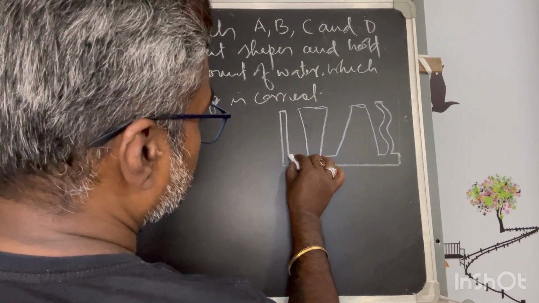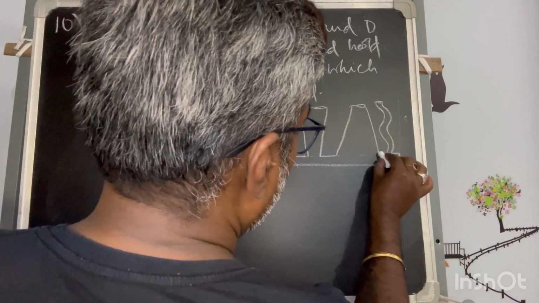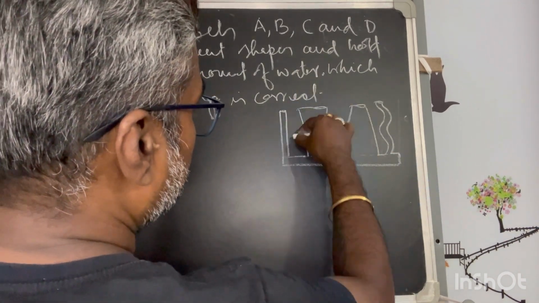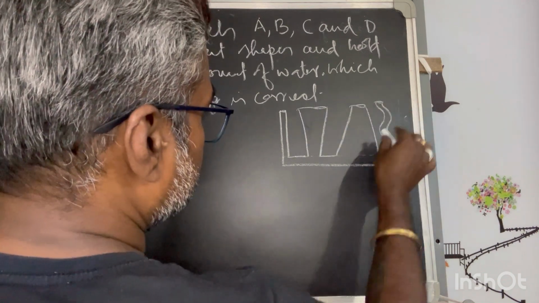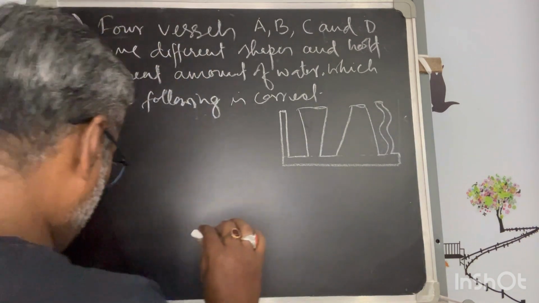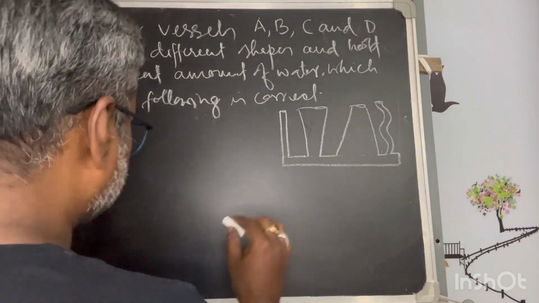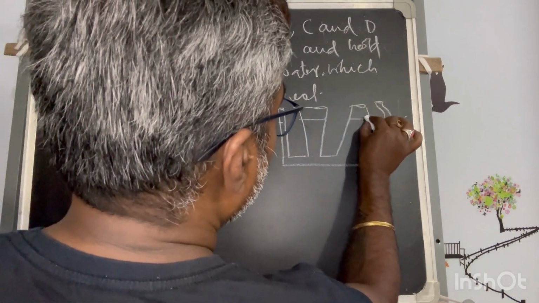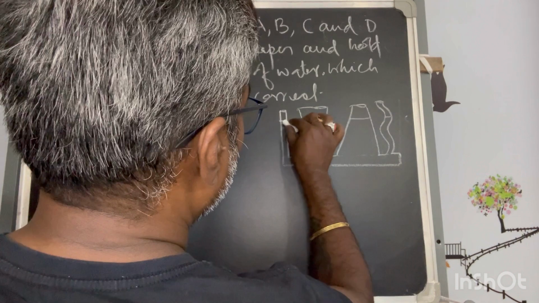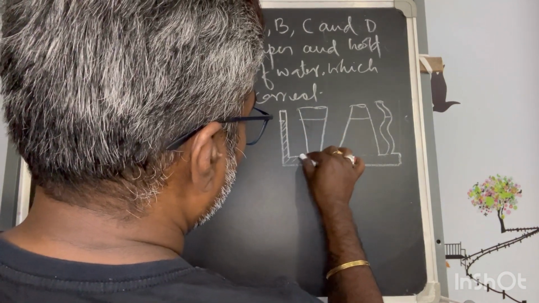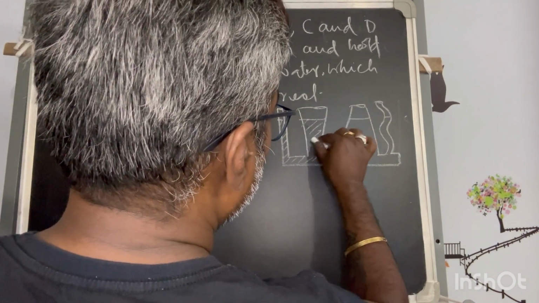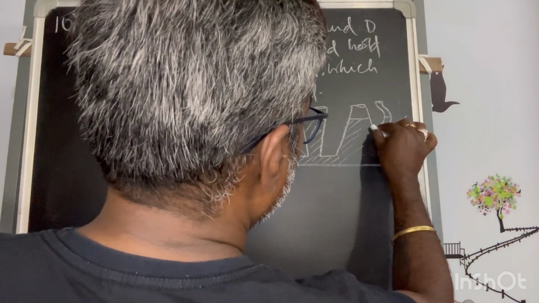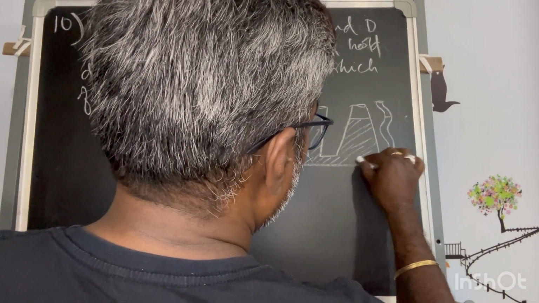If I consider this height, all are in same plane, different shapes. So whatever this will contain is different, but if I pour water, that will fill up to the same level. Okay.